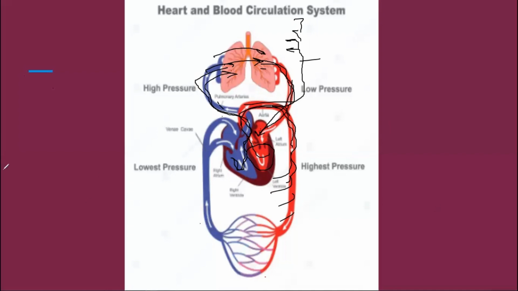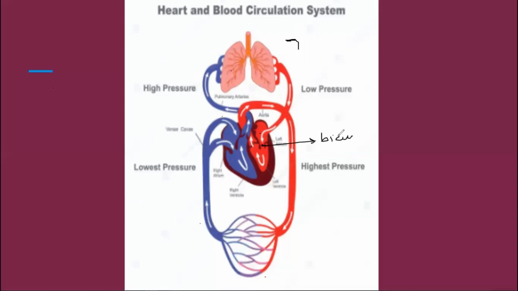Now, there are two more valves which we will see in our heart. The first two valves which we have seen were the bicuspid and tricuspid. Here in the left part of the heart there is a bicuspid valve, and in between the right atrium and right ventricle, this is the tricuspid valve.